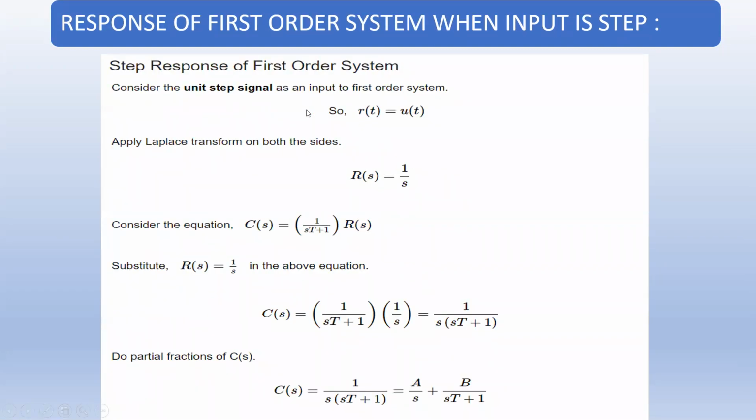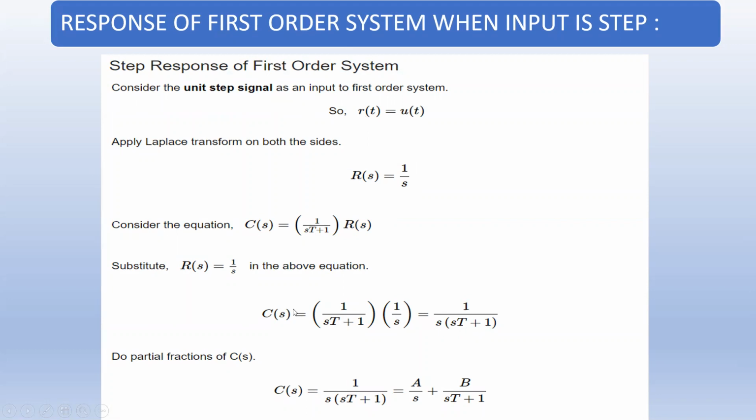When the input signal is the unit step signal, the Laplace transform is 1 by S. If we substitute R of S equal to 1 by S in the output equation, we get 1 by S into (S tau plus 1).